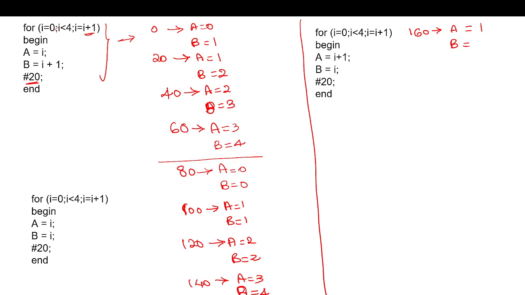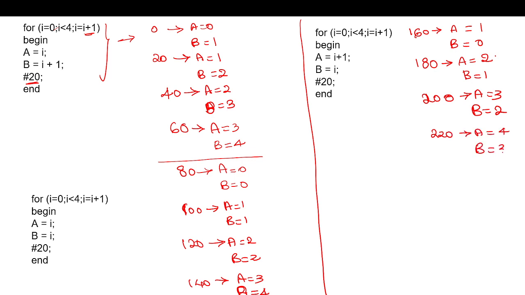So at 0, it will be 1 and this will be 0. Again, I will be incremented, this time unit will be incremented with a delay of 20. A will be 1 plus 1, I plus 1, 2, B will be 1 at 20, so 200. A will be 3, B will be 2. At 220, A will be 4, B will be 3. After this loop will be completed.